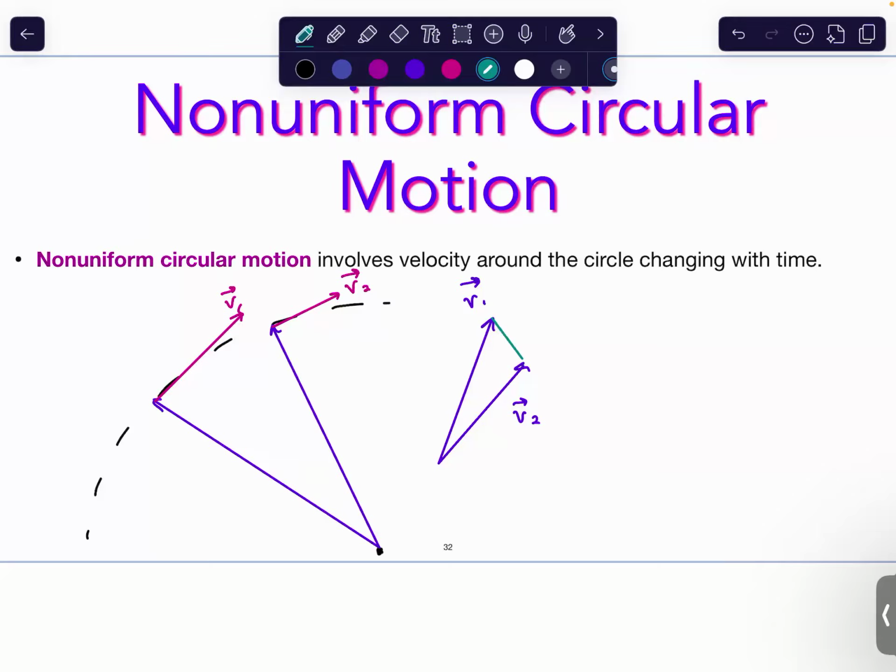Now, this is kind of a generalized expression. You'll find in a little bit that we're going to use this delta V for tangential velocity, but what this is going to show you is, your delta V points in the direction of what?